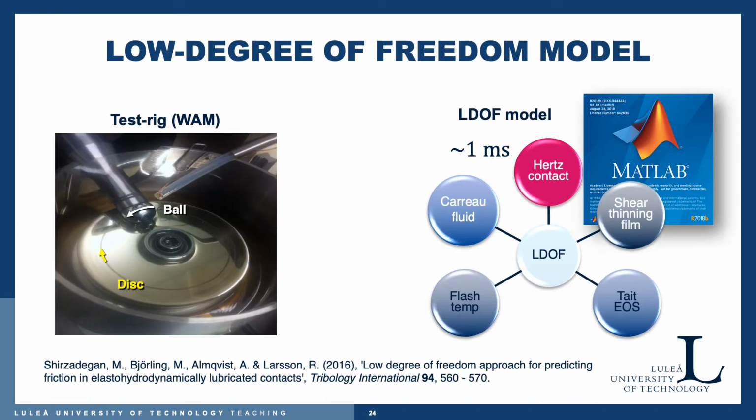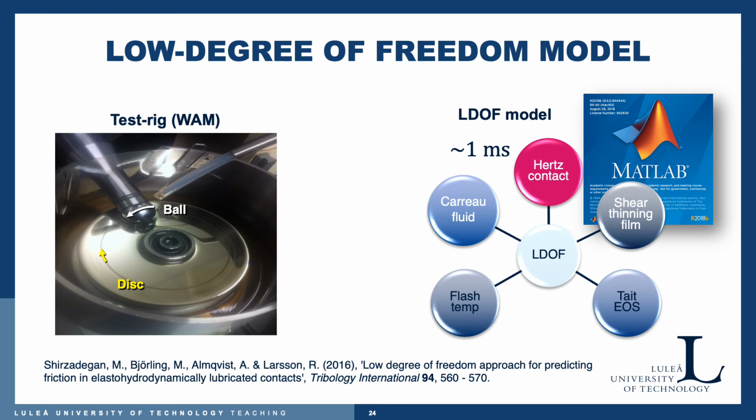Another experiment we did was to try to develop an extremely fast friction prediction for a system like this, namely a ball on a disc, or if you like, a ball in a ball bearing.